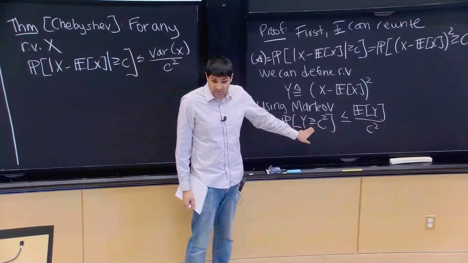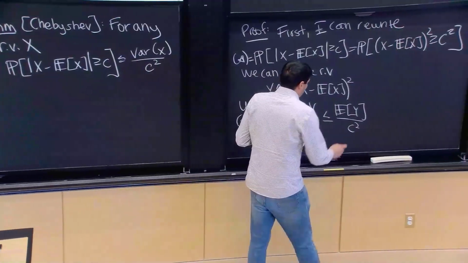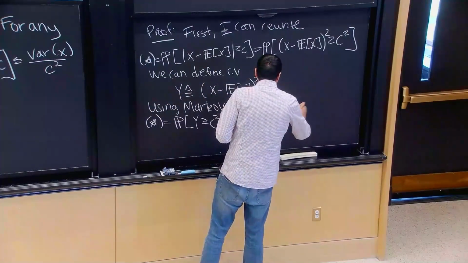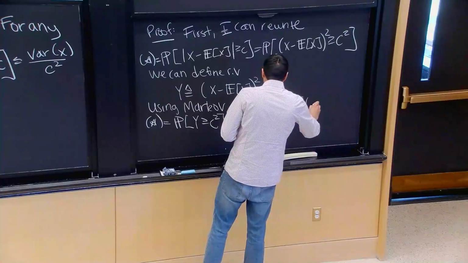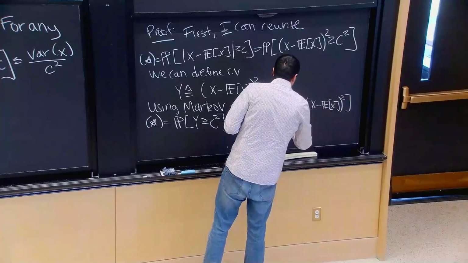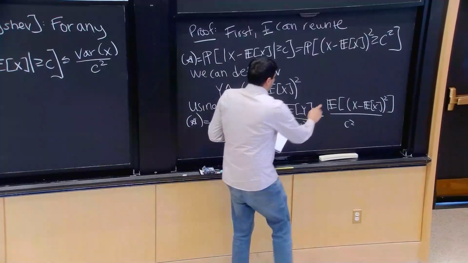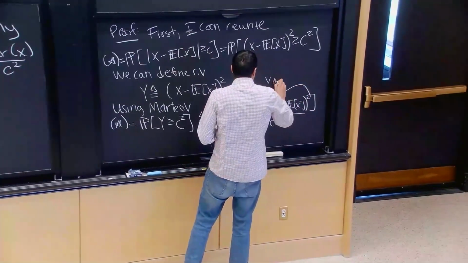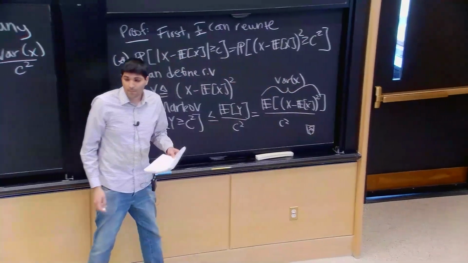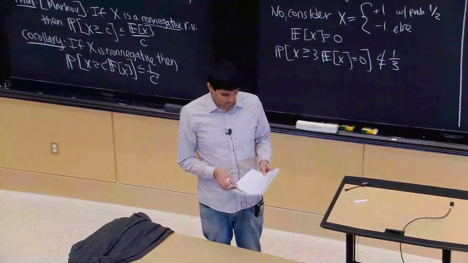Notice that my threshold here is c squared, not c, as in the original statement of Markov's bound. And now I can just remember what y is, right? y itself is (x minus the expectation of x) quantity squared. I still have my c squared. And when I take the expectation of y, this is literally the definition I gave you earlier for the variance of x. So that's my proof, right? Any questions? Good? All right.